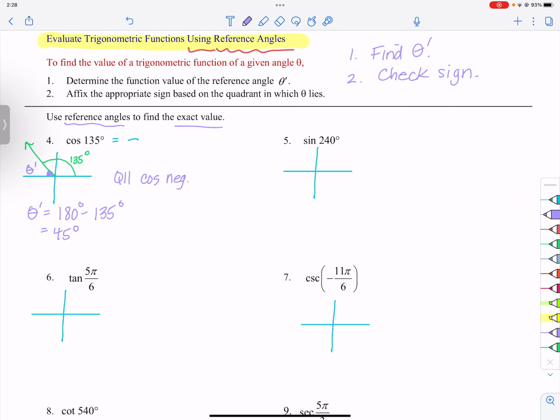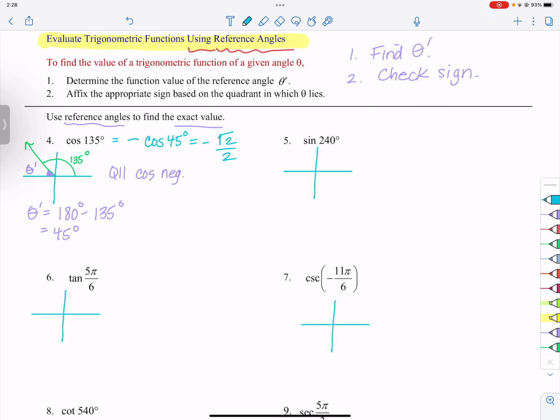So now we will find the cosine of 45, and actually we can put that right up here. This is the opposite of the cosine of 45 degrees, and that's the opposite of root 2 over 2.